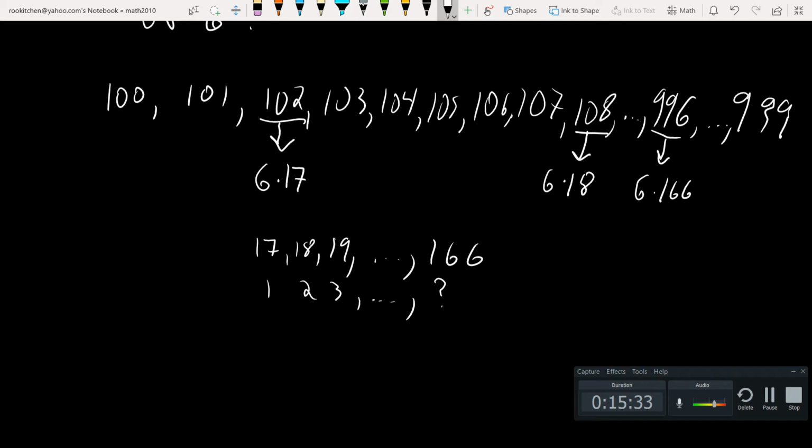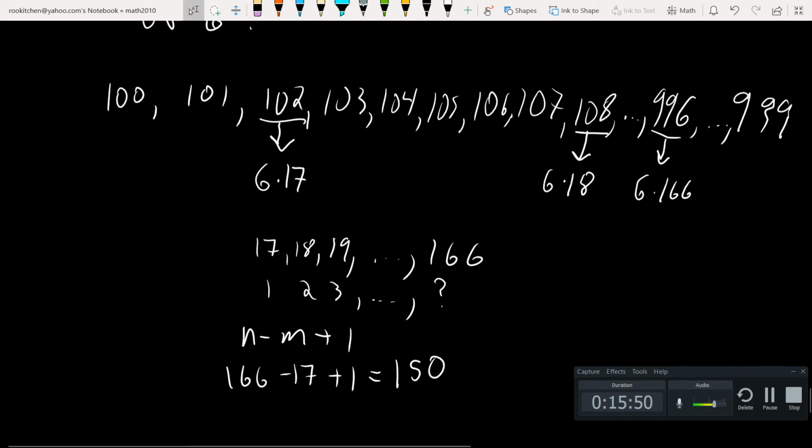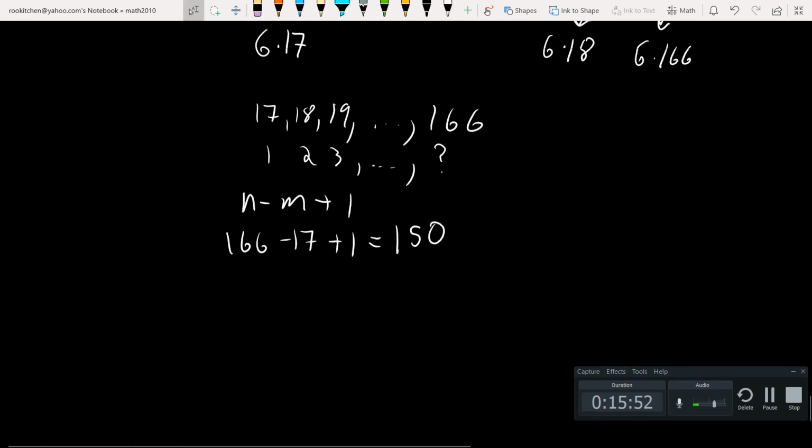And how do we count those? Well, it's the n minus m plus 1 formula. So in our case, it's 166 minus 17 plus 1, which in this case is 150. So 150 three-digit numbers are divisible by 6.